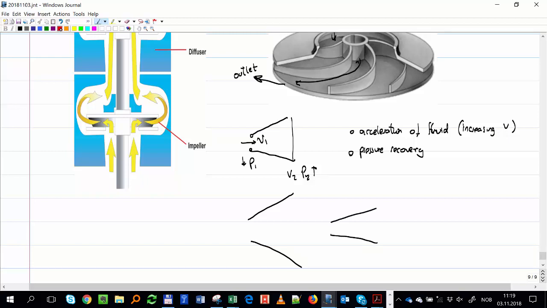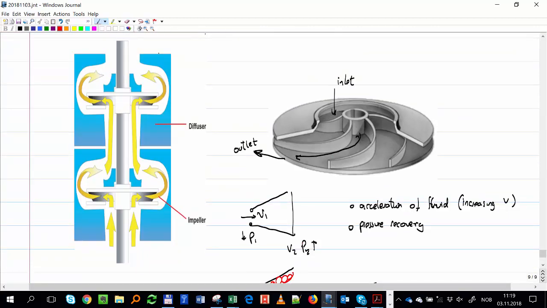Here the fluid has a very smooth expansion, so it's able to follow almost exactly each channel. But when I have this, the fluid, because it's so quick, cannot follow the channel. So you have all of these eddies, all of these detachments. The fluid cannot follow the wall, and because of that you have a lot of energy loss. So in the rotor we make it very, very smooth, and then the rest we recover in the diffuser.